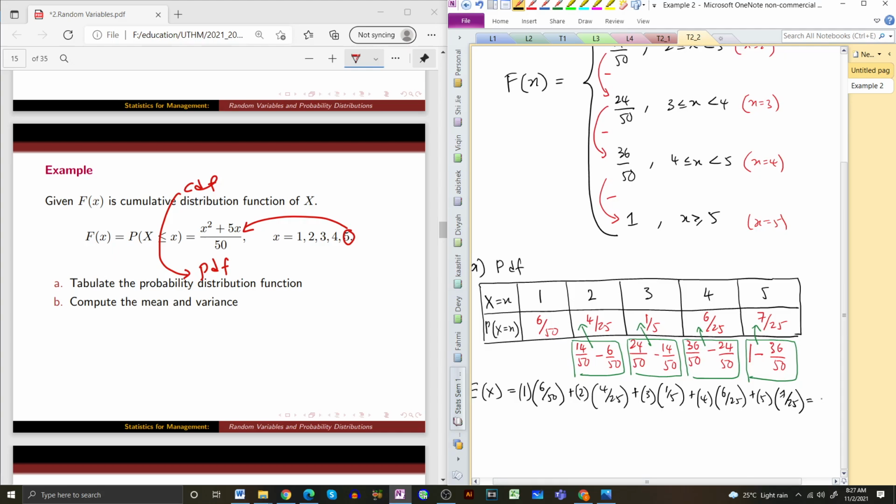You compute this, you will get 3.4. You can try.